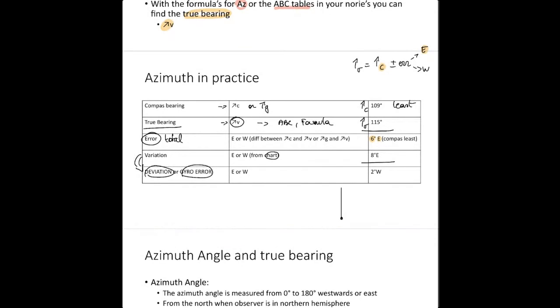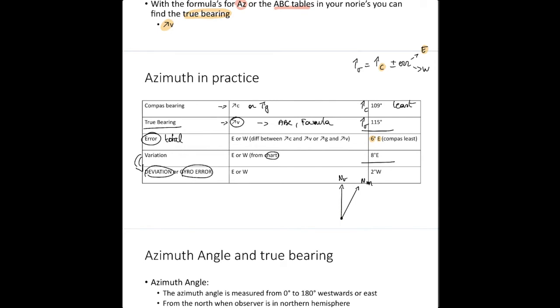This is your true north, then your variation is 8 degrees east, so this is your magnetic north. Maybe it's better if I do it a little bit more to scale.